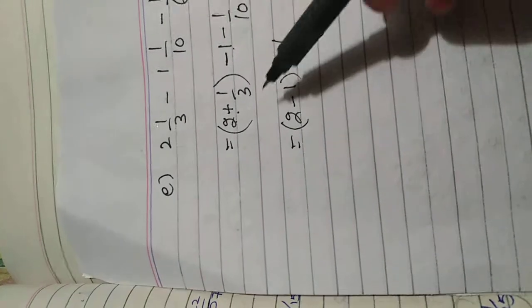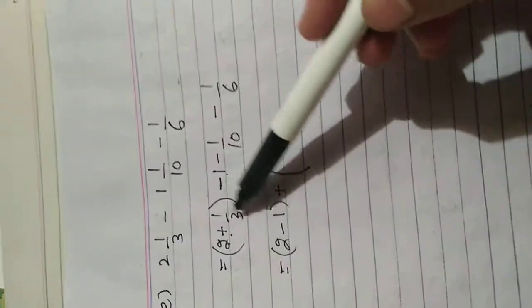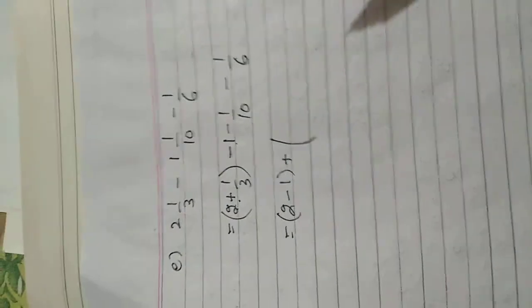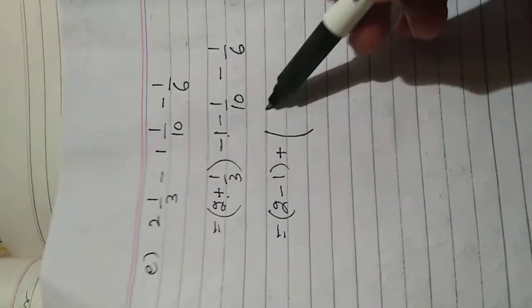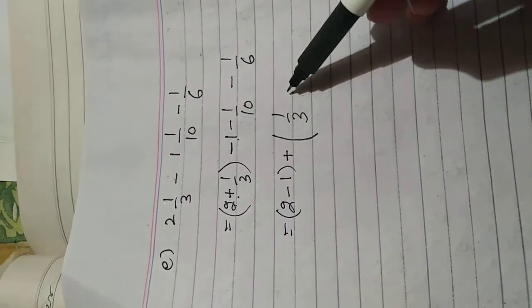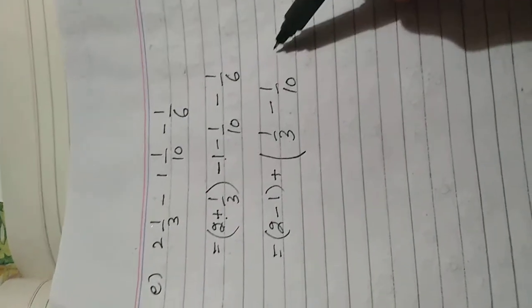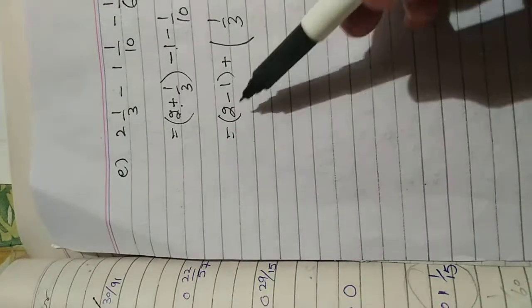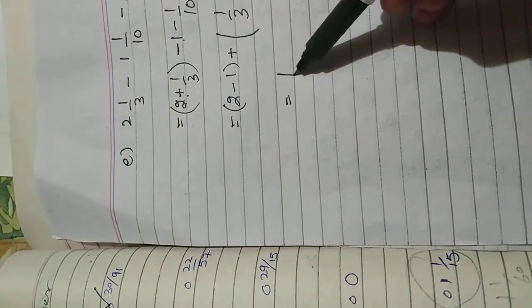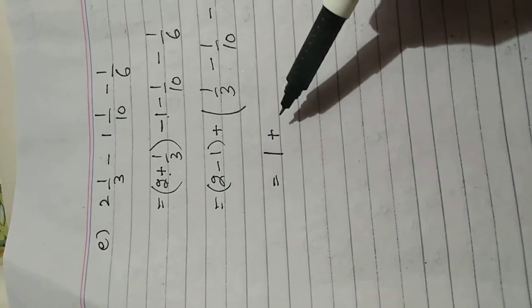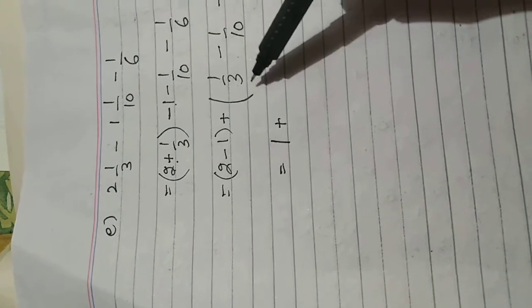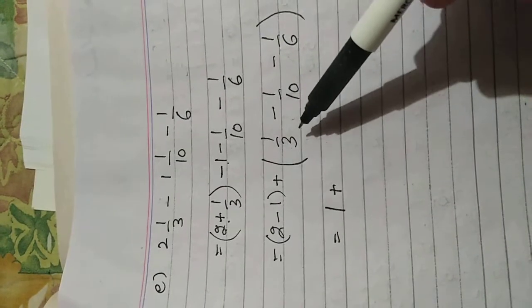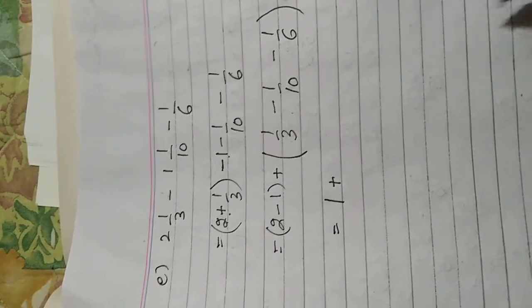Now we subtract first the whole numbers that are 2 and 1. 2 minus 1 plus, now we will subtract fractions 1 by 3 minus 1 by 10 minus 1 over 6. 2 minus 1 which is equal to 1.